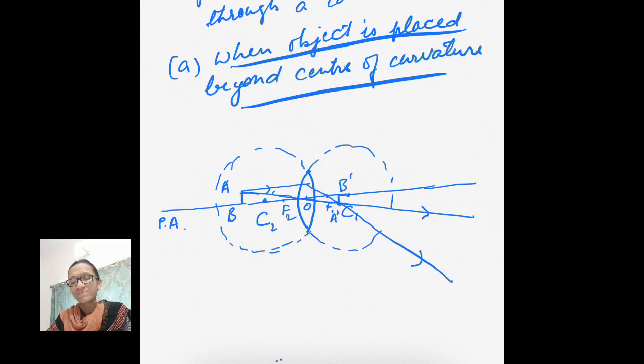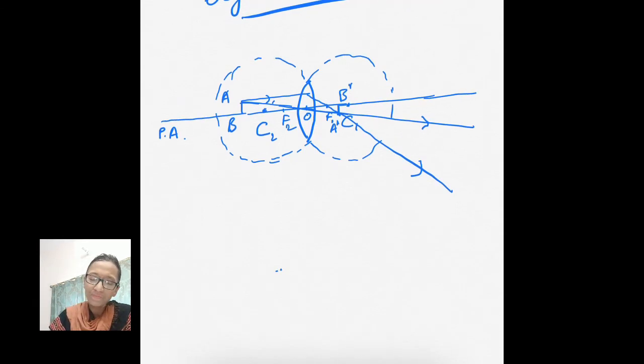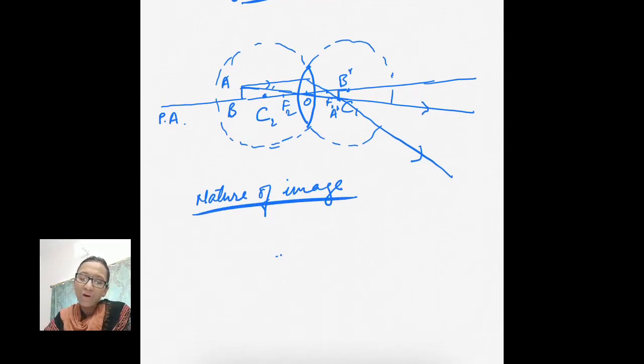So now this is the ray diagram. Now nature of image. You can see that when the object is beyond center of curvature, then it is forming between C and F, and the rays are actually meeting.